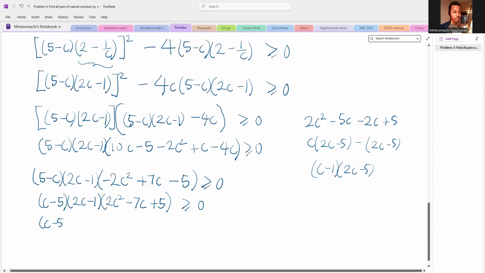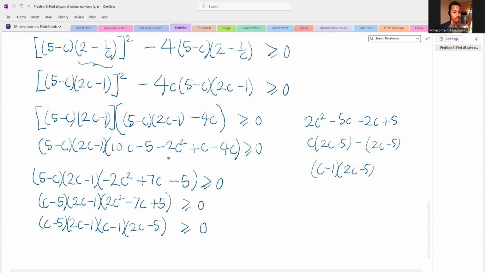We have (c - 5)(2c - 1)(c - 1)(2c - 5) greater than or equal to 0. The good thing is that the coefficient of c in each of these brackets is a positive number.